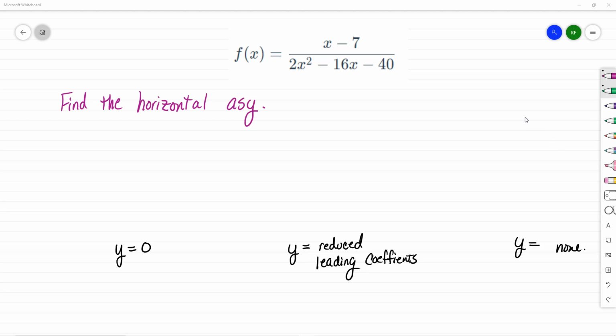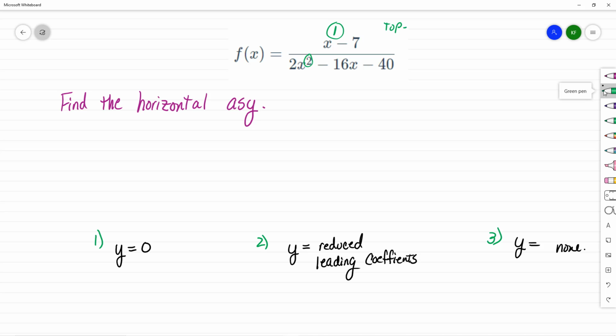This is the example that we started with at the beginning when we looked for vertical asymptotes. So now we're looking for that horizontal asymptote. I'm reminding you down at the bottom of the 3 cases that we've just looked at. So case 1, 2, and 3. And remember, we are comparing the degrees of the top and bottom. So when we look at this, I have the top is 1, and the bottom degree power is 2. So I know it's not going to be number 2 because the exponents are not the same.